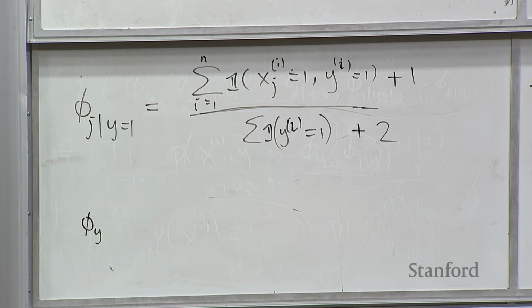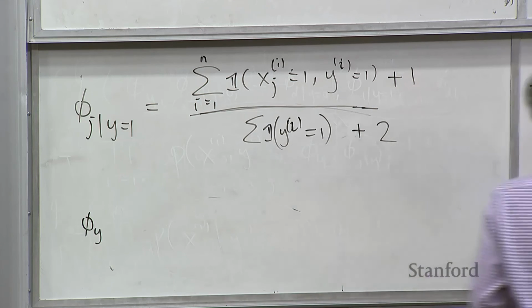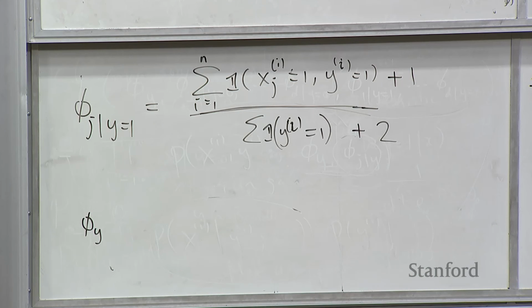Okay, so going back to this. Recall that our problem was that when you estimate parameters, you get this 0, right? You thought that the word shouldn't show up at all, so you get this very extreme estimate. Now, when you add this 1 and 2 here, what's going to happen is that instead of having 0 over the number of positive examples, you get 0 plus 1 over this plus 2.